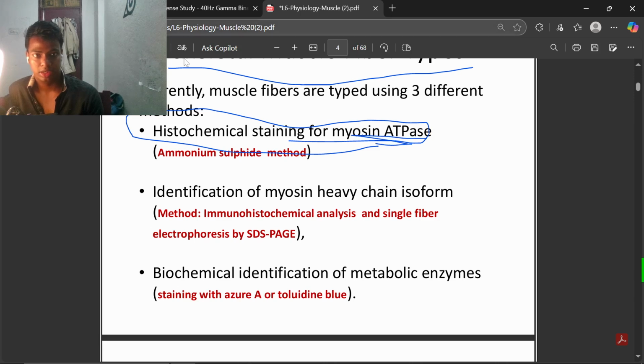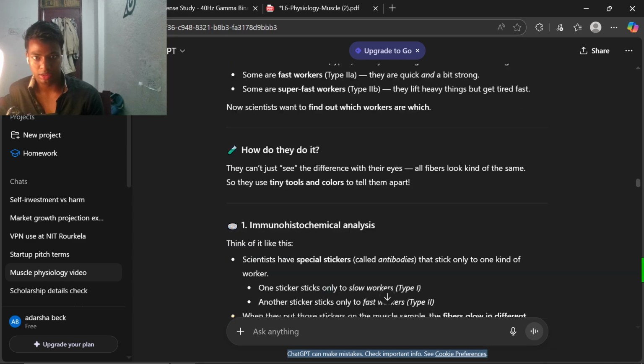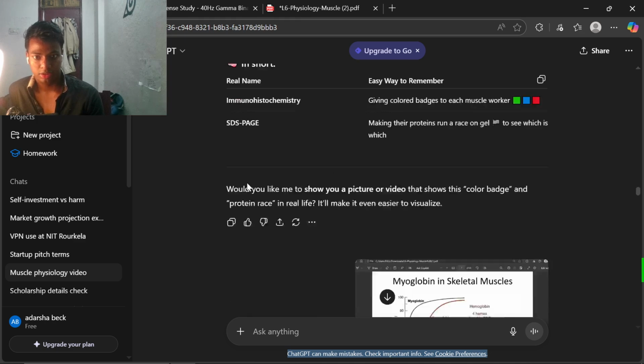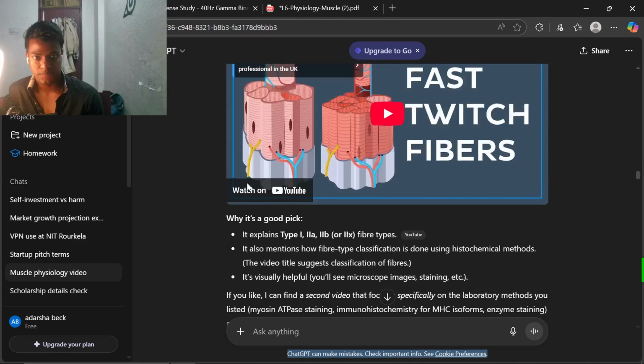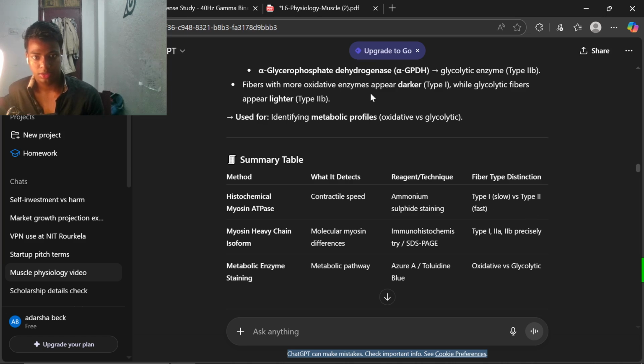Remember this. This can be done by the ammonium sulfide method. Where is ammonium sulfide actually used? Do we know it? No, we don't know it. Ammonium sulfide staining. That's how we can distinguish type 1 versus type 2.